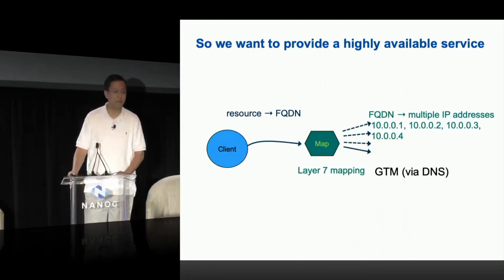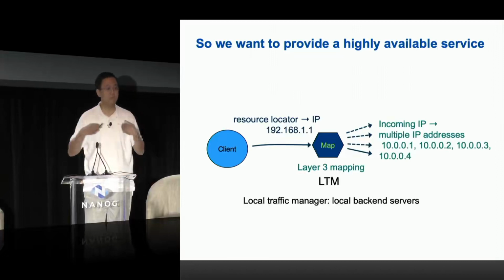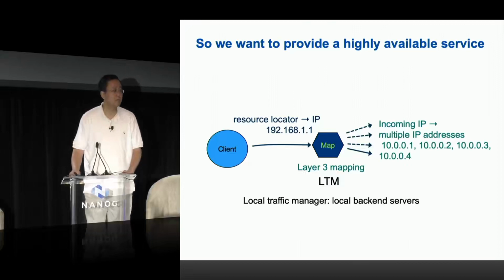And not only on layer 7 is this possible, of course; in layer 3 it's also possible. A single IP address can be the front, and in the back there are multiple different backend servers. So this would be the principle of a local traffic manager that operates at layer 3.